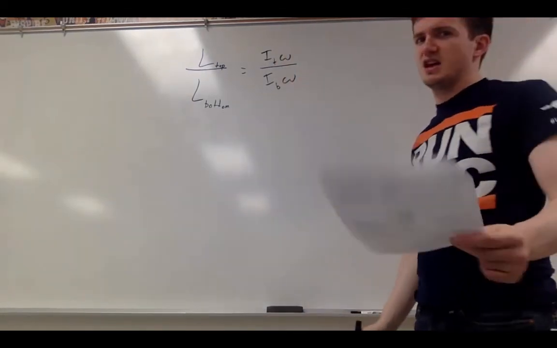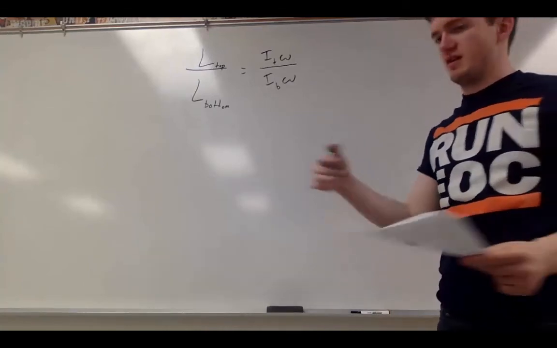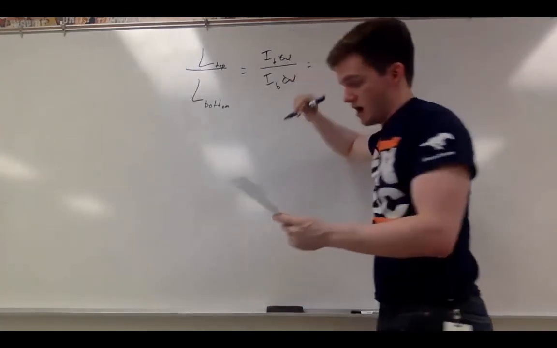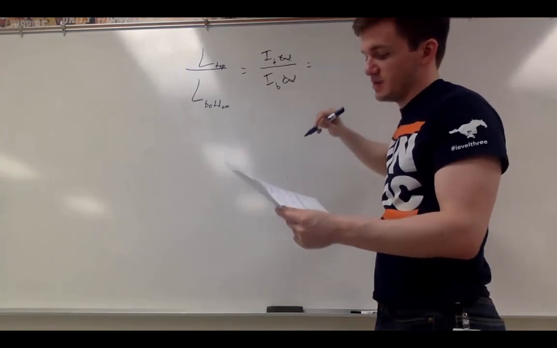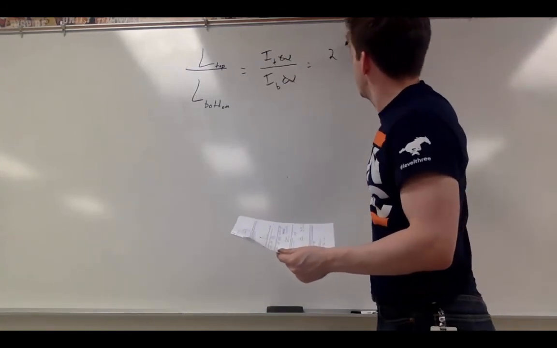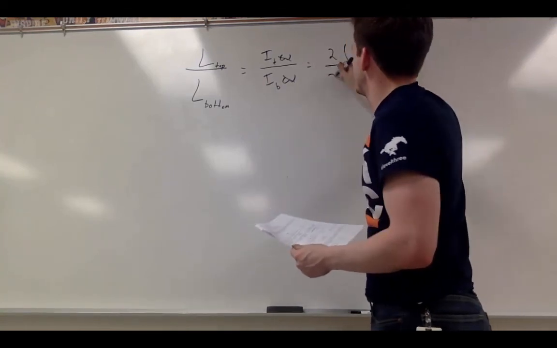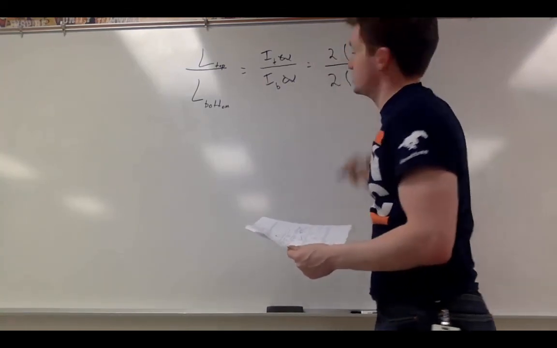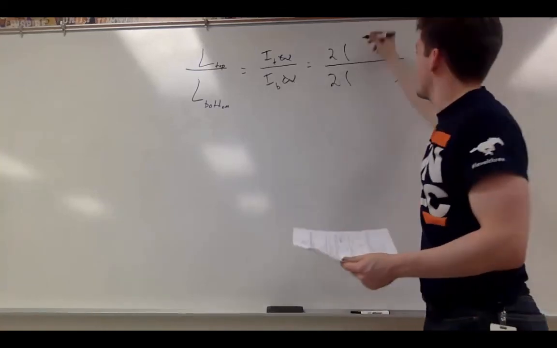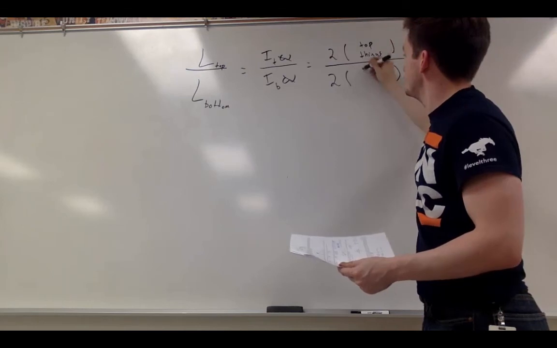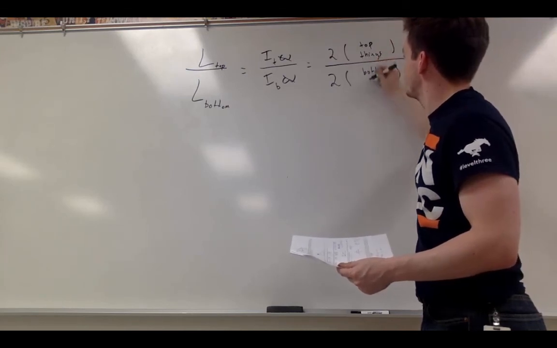They say it rotates rigidly, which means they both have the same angular velocity. That goes away. And so our I total is going to be 2 times the two little thingies on top over 2 times the little thingies on the bottom. All right, that makes sense. 2 times the top things, 2 of the bottom things.